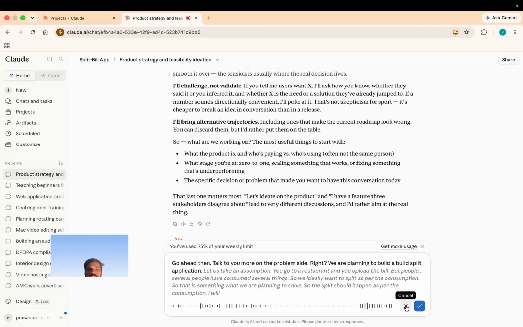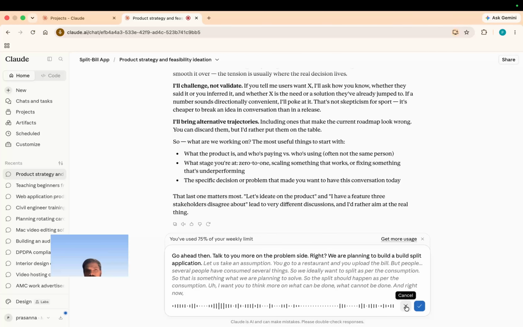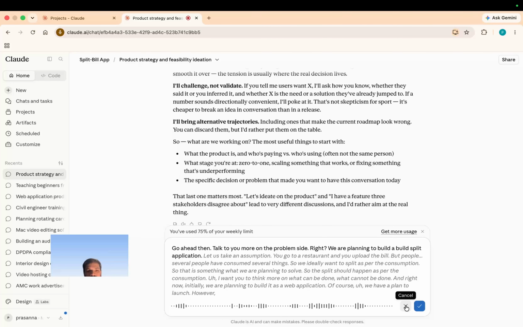I want you to think more on what can be done and what cannot be done. And right now, initially, we are planning to build it as a web application. Of course, we have a plan to launch. However, this is also an application that will be built as a part of the learning.